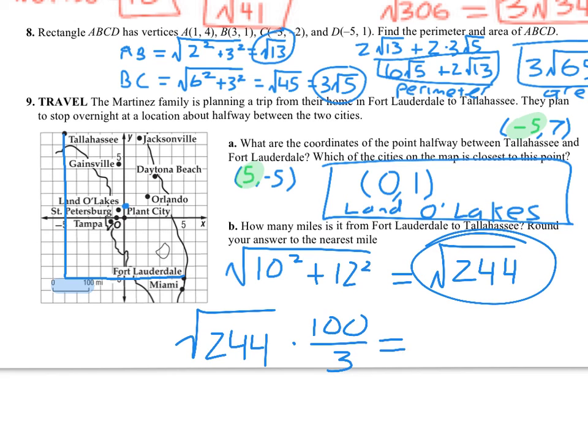We have to convert that to miles. So this is like dimensional analysis. 100 miles is the same as 3 units on the map. So we're converting to miles. Doing that, we get 520.7. We're told to round to the nearest mile, so 521 miles. All right, that is it for 9.1.